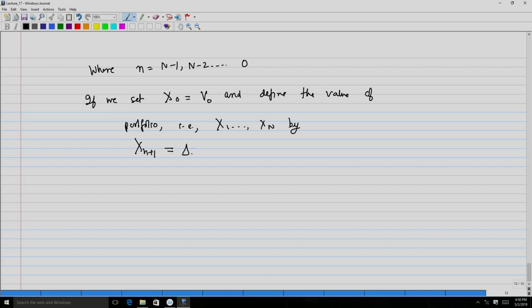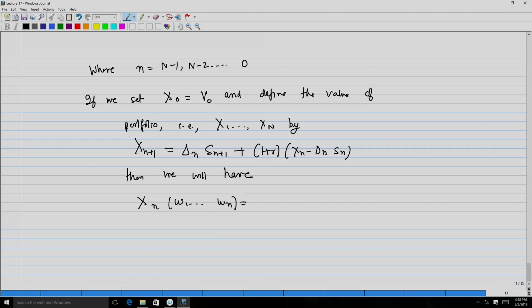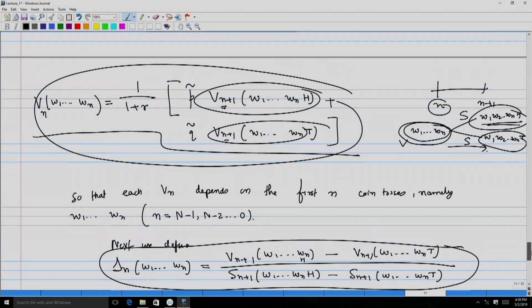So, X n plus 1 is equal to delta n S n plus 1 plus (1 plus r) into (X n minus delta n S n). Then we will have Xn of omega 1 all the way to omega n equal to Vn of omega 1 all the way to omega n.